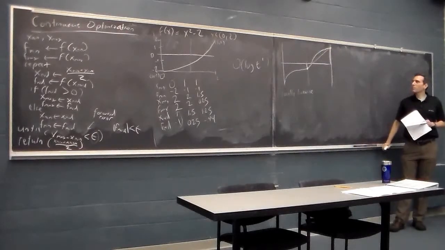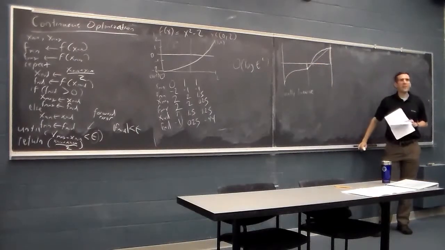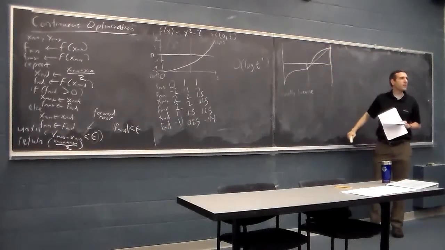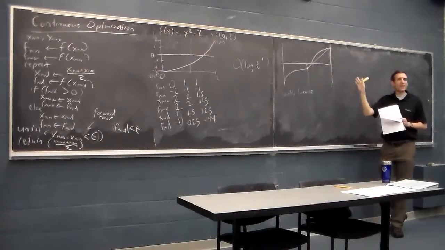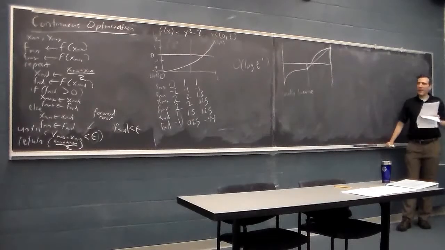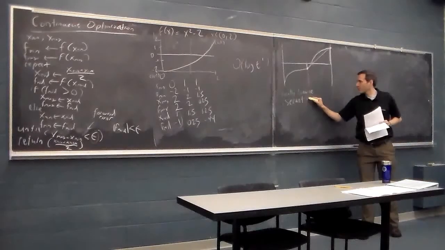And what we're going to do is pretend that that's actually the case and use that linear model to try to project where the 0 is. And then instead of putting our new midpoint directly in the middle of the interval, we'll try to put it where we think the 0 is, on the theory that that's going to zoom in more quickly on the actual 0. So that is the basis of a method called the secant method.